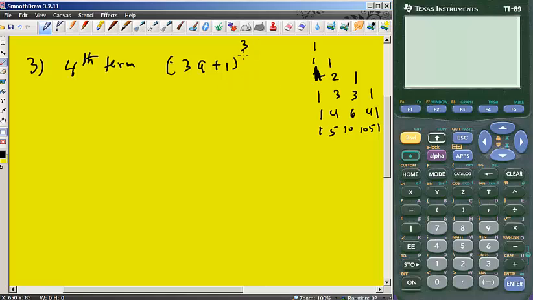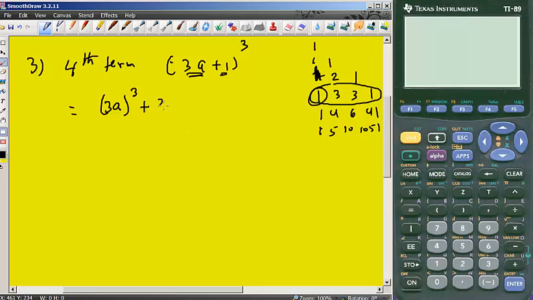Alright, so this is a 3rd power, so we're looking at those coefficients right there. What we're going to have is 3a acts as the x and 1 acts as the y. Whenever you have more than one value there, put parentheses around that. So 3a is to the 3rd, that's that term.